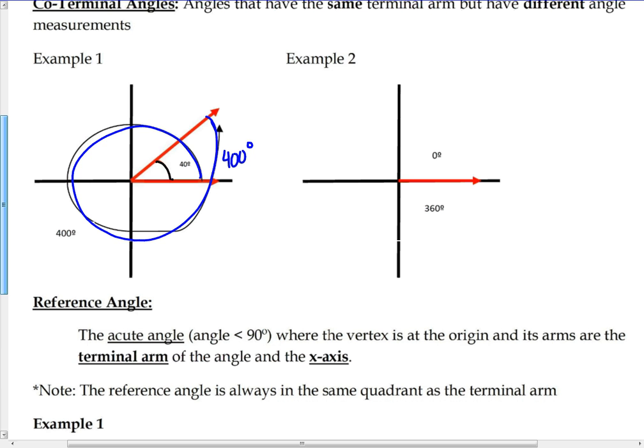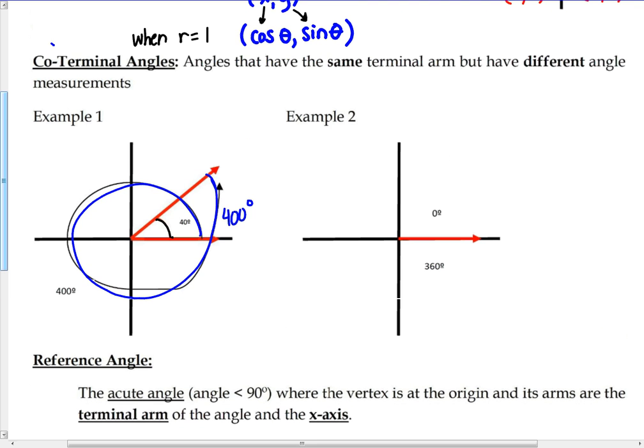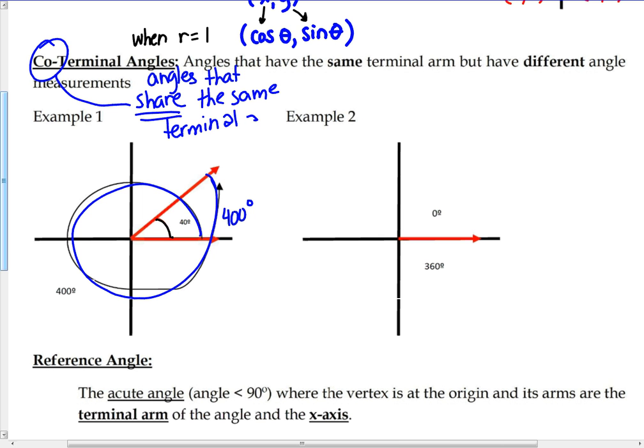So 40 and 400 are what we call coterminal because they share the same terminal arm. Coterminal, they're sharing. Community, co-ops, co is sharing.